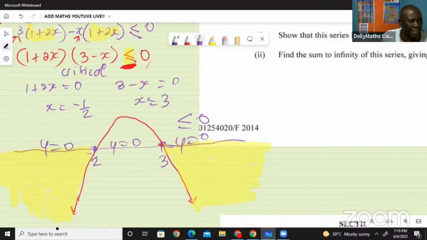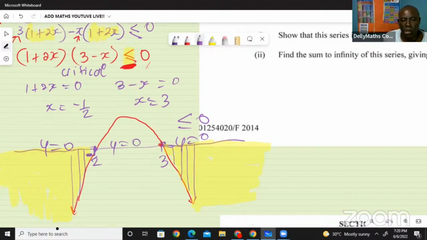But when you look at that, you would say that as I step to the left of negative half, I am in that region. In other words, these lines would have been touching the curve below 0. And when I step to the right of 3, those x values would have touched the curve below. So we want to describe this.